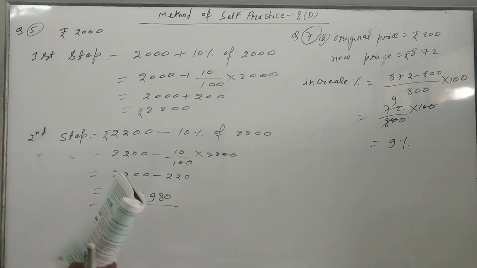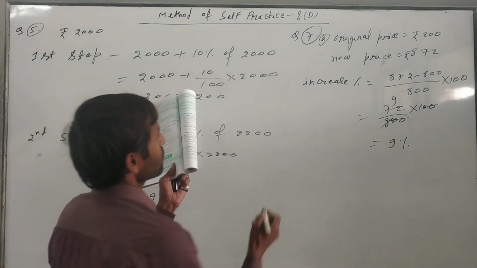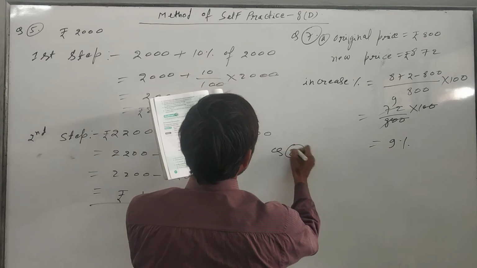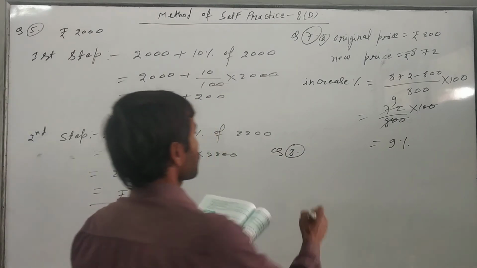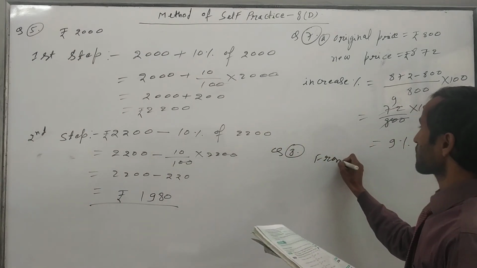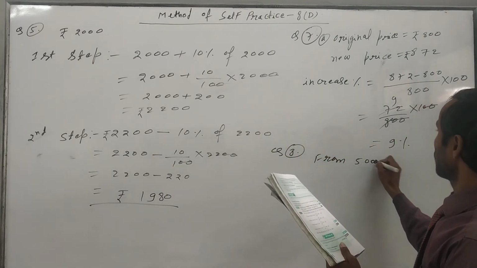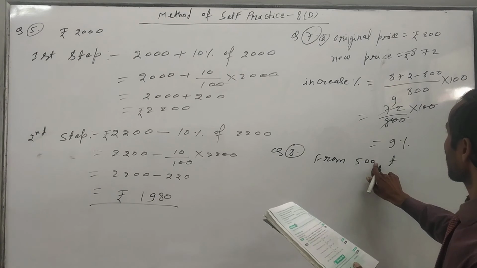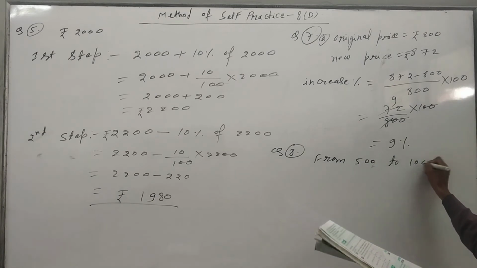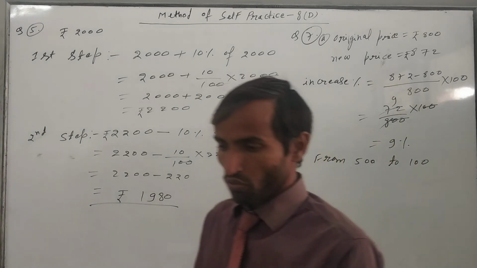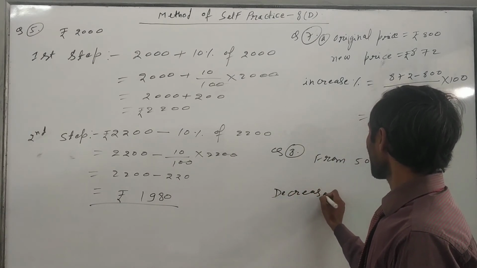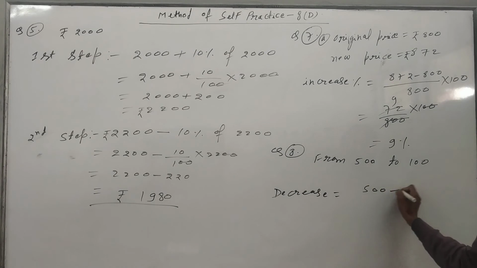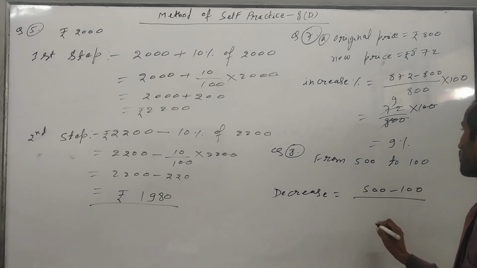Okay. Now the next question, number 8. All of you see question number 8, in the A part. Here we have to find the percentage decrease. A number is given, it decreased from 500 to 100. How much percentage did it decrease? So just write down here, decrease percentage is equal to 500 minus 100 with respect to 500.